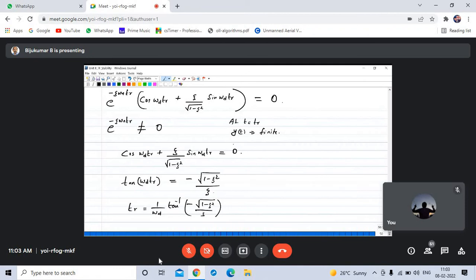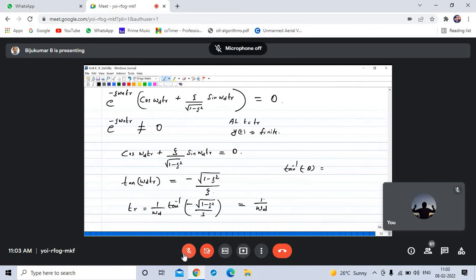And finally we'll get tr is equal to 1 by omega d, tan inverse minus theta, how can we write? Because I want tr in positive value. Time will be in positive value, right? So how can we write?